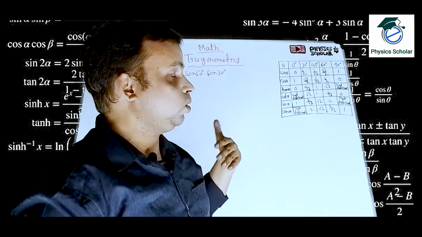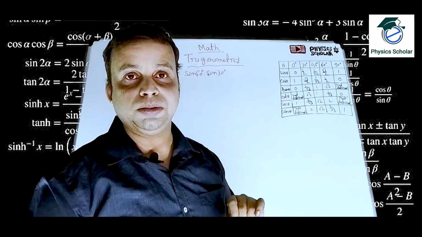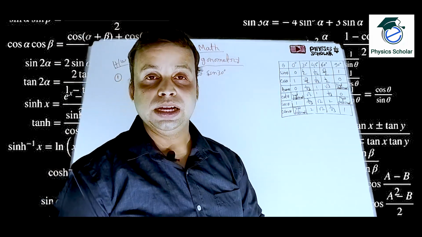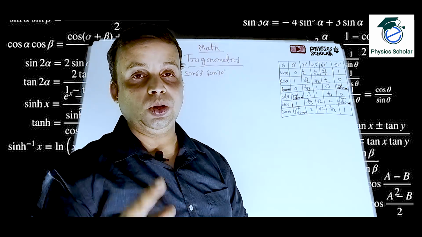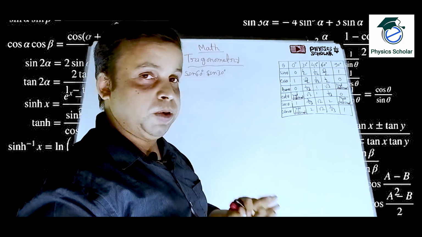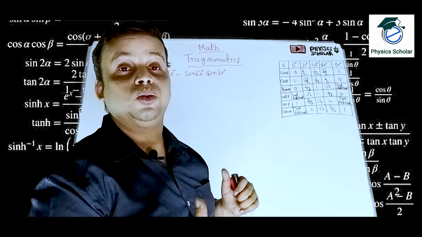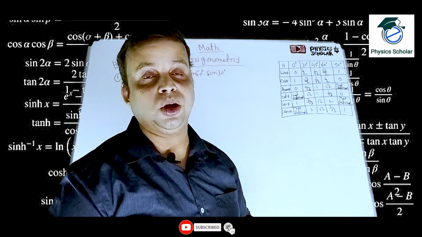I also uploaded homework at the end of that video. Today I will first solve those sums. I hope most of you already solved them, and those who couldn't, no problem, I will do it for you today. Those who have done it can check whether your sums are correct or wrong.